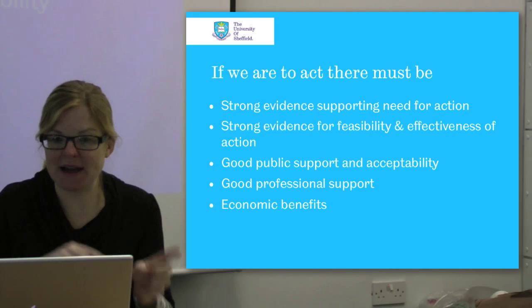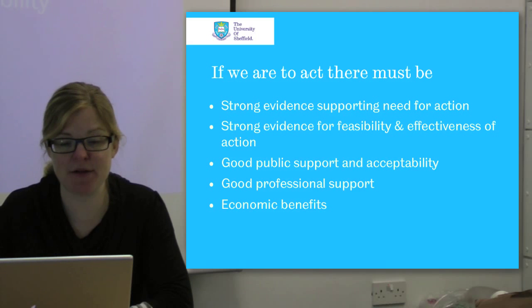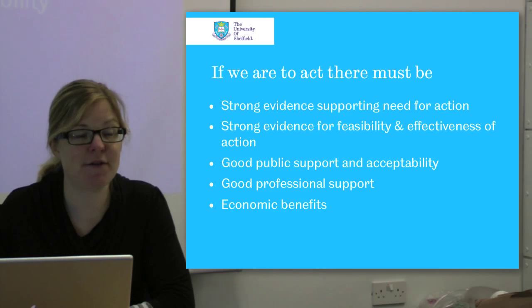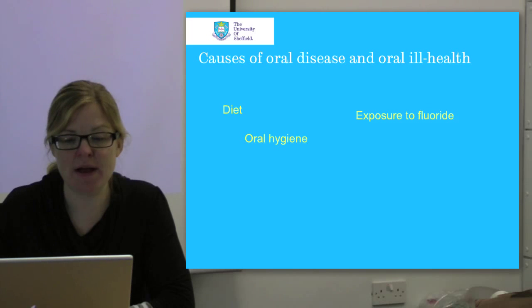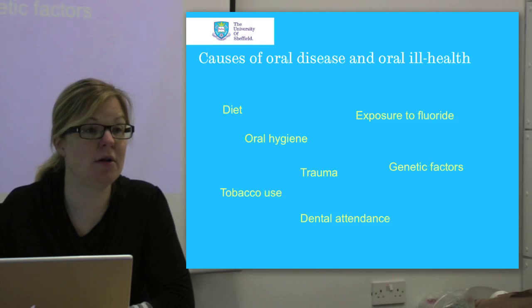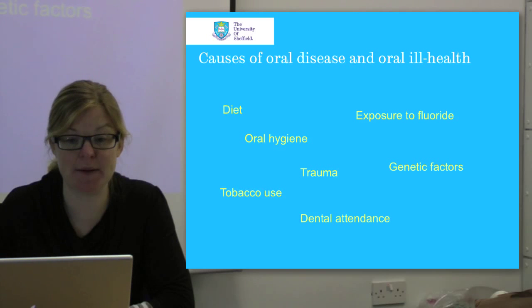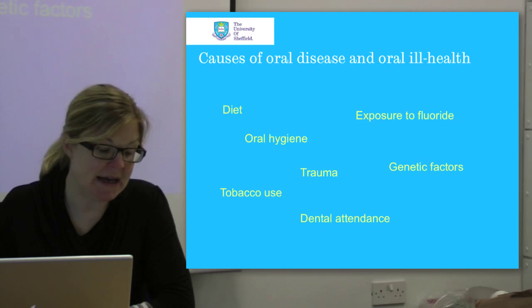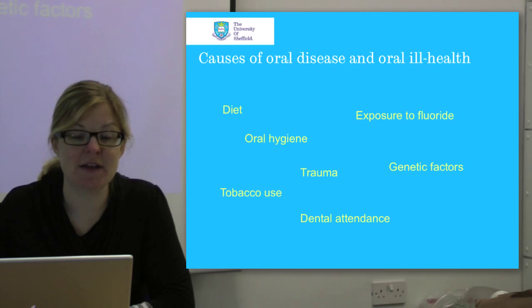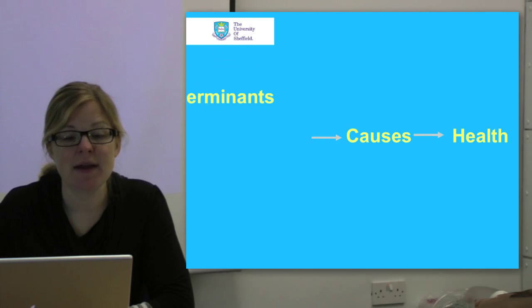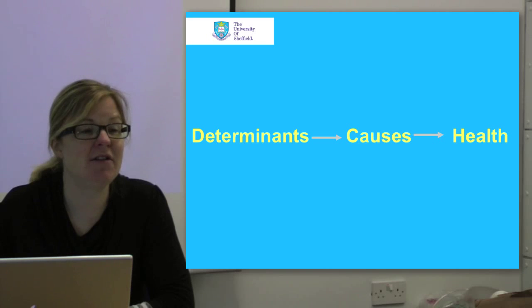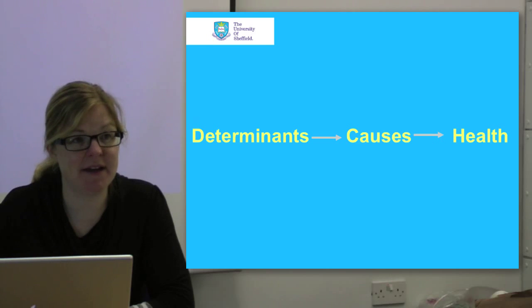But then if we go back to the definition of dental public health and the idea of the principles of dental public health, we know that to really tackle most of our dental public health problems, we need to consider that the causes are very, very complicated. So it's not just as easy as thinking, right, kill the strep mutans, get rid of caries.